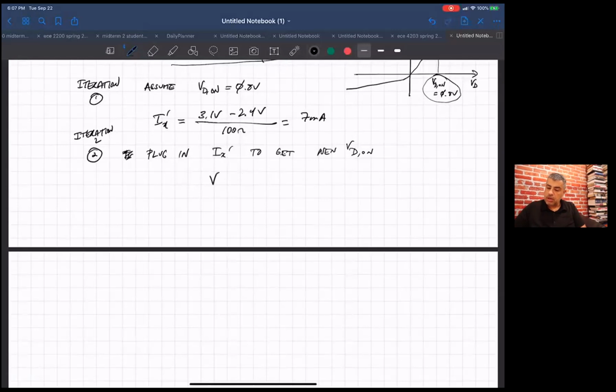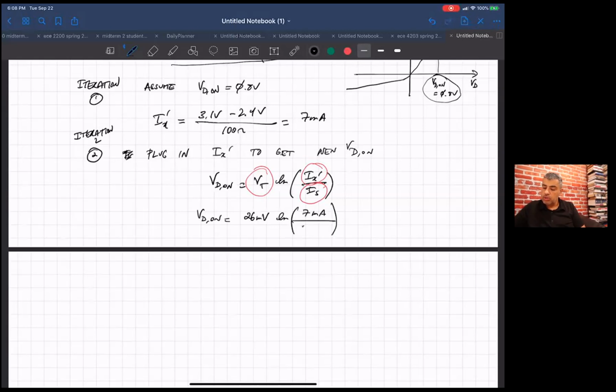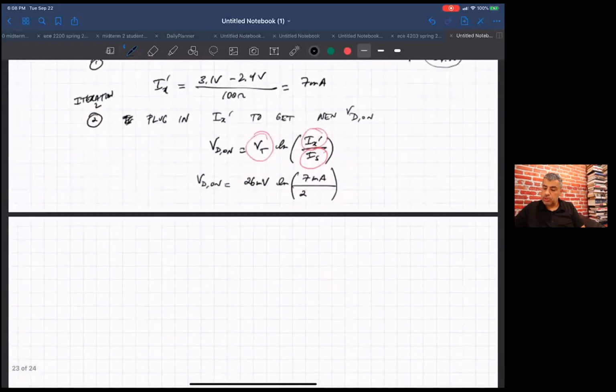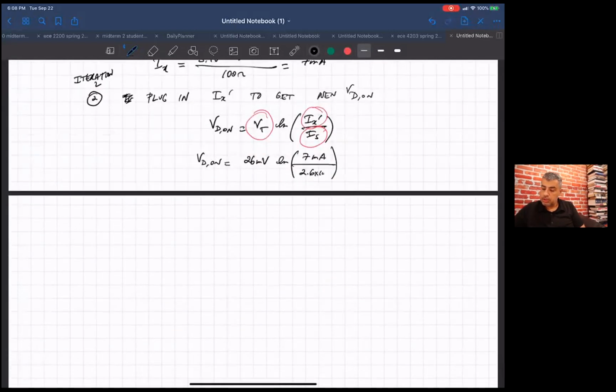V sub D on is V sub T natural log of I sub x prime over I sub s. We have V sub T, we have I sub s, and we just calculated this new assumed Ix prime. So V sub D on is 26 millivolts natural log of 7 milliamps over 2.6 times 10 to the minus 16.